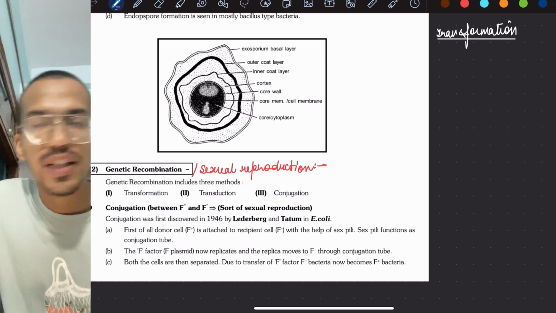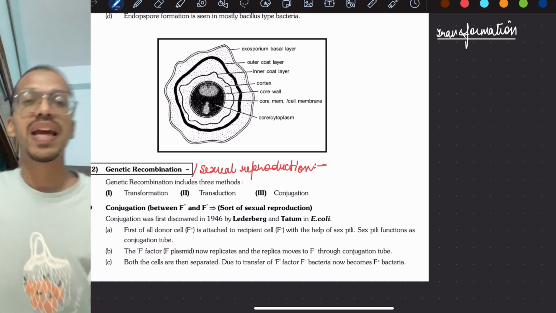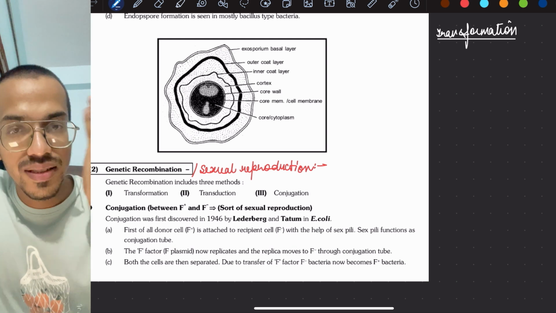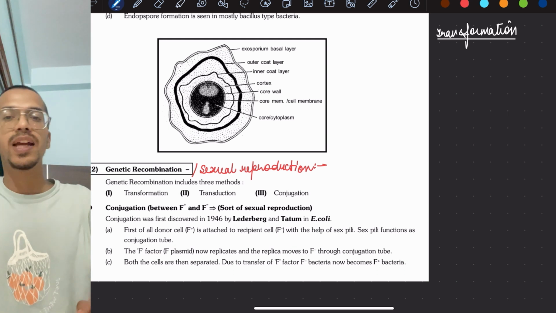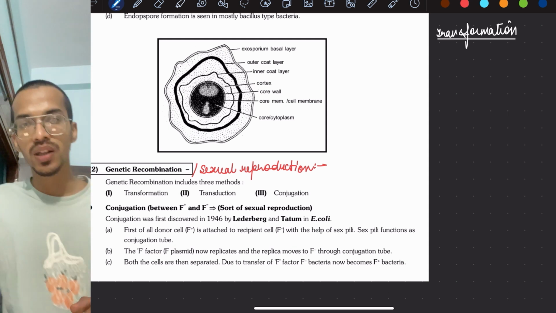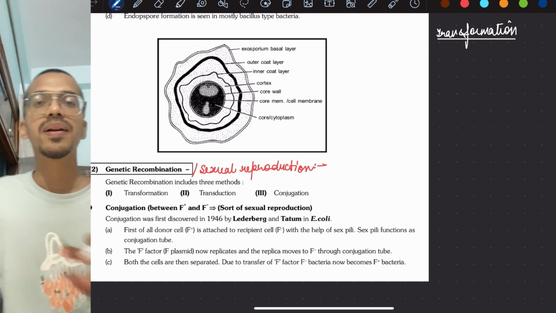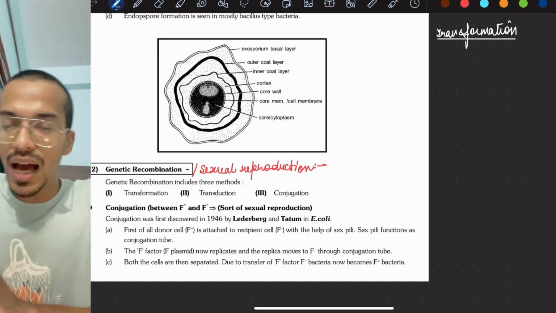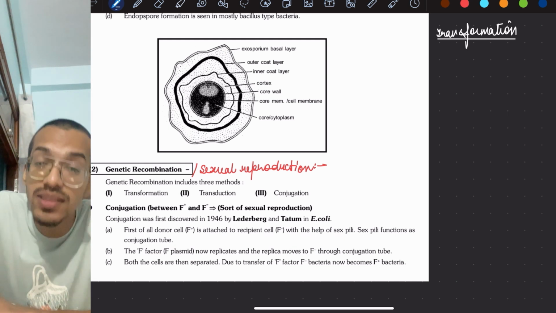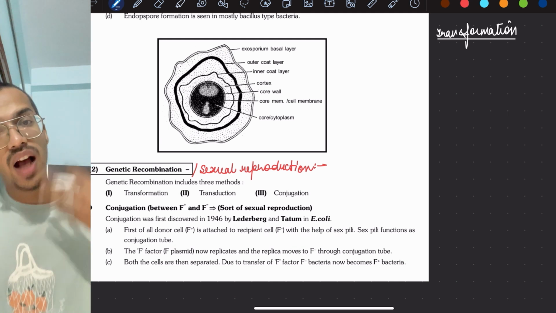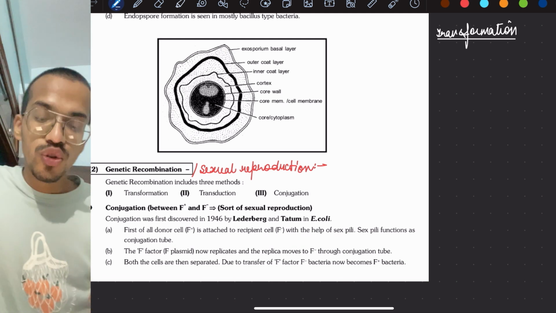Then you will wear a t-shirt like me, then aviator style goggles or specs, and you start teaching biology. So you transform yourself by taking up my things. The same thing happens with certain bacteria: if they take up the genetic material of other bacteria, they transform themselves.